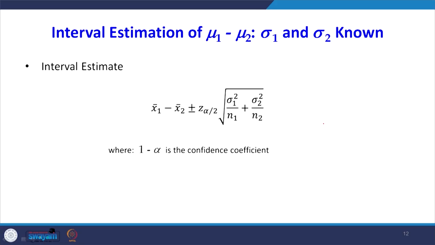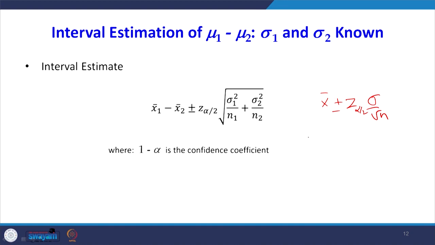This was for two samples. If it is one sample, you remember that it is x bar plus or minus z alpha by 2 times sigma by root n. So, this equation is just extended for the two sample population.